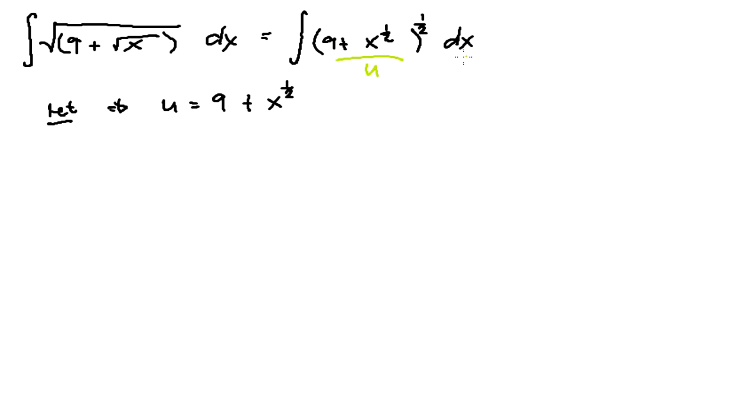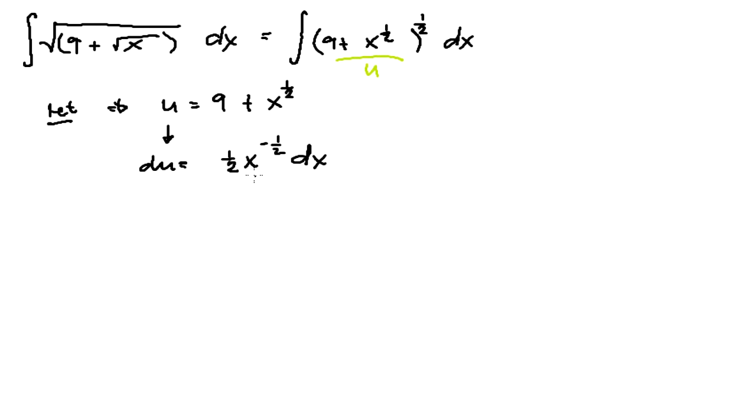But how can we find the value of dx? Okay, so let's try to take the derivative of this. du is equal to the derivative, 0 plus 1/2 x, 1/2 minus 1 is negative 1/2 dx.